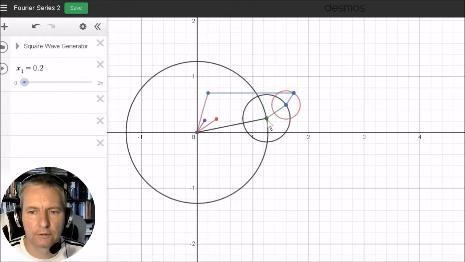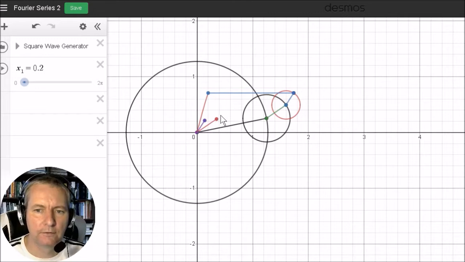That's the first, or the fundamental frequency, and that's a phasor just rotating round at the fundamental frequency. This little red one here is a phasor rotating round at 3 times the fundamental frequency, and this little pink purple one is rotating round at 5 times the fundamental frequency. So those are all rotating round about.